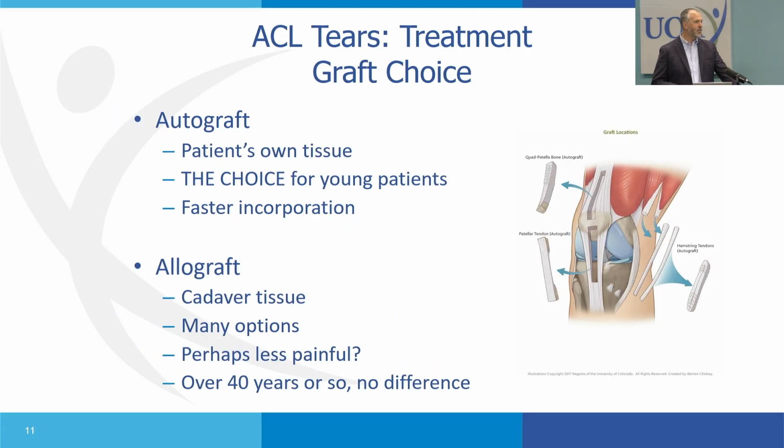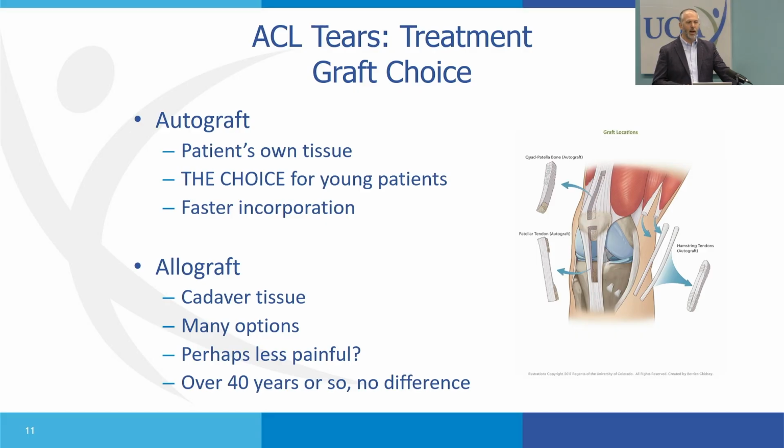And as we alluded to, and we're going to dive into the graft discussion, there are two basic headings. Your autograft tissue, which is using your own tissue for the graft, is really the gold standard and the choice for athletes in high school, college, and elite level athletes.